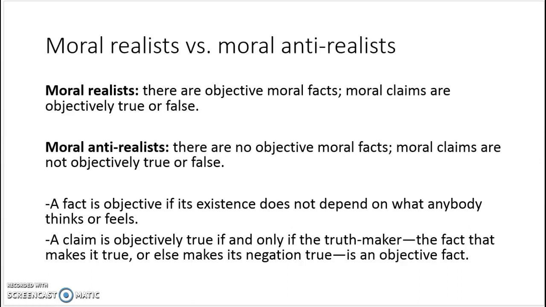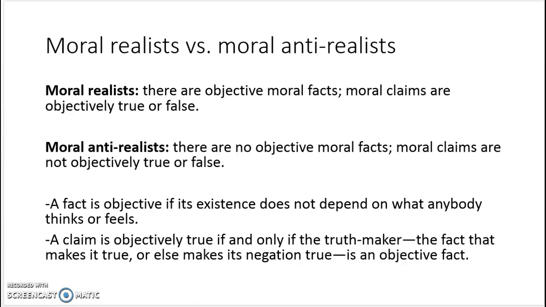A claim is objectively true if and only if the truth maker, the fact that makes it true or else makes its negation true, is an objective fact. So, for example, if I say the moon exists, that claim is objectively true if and only if the moon is an objective fact. It's really out there.